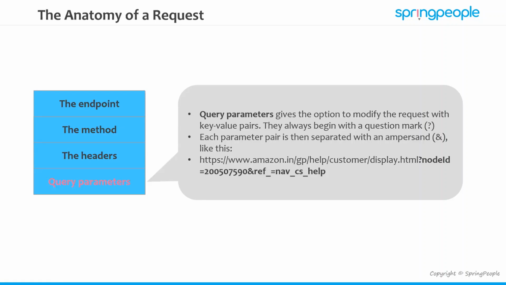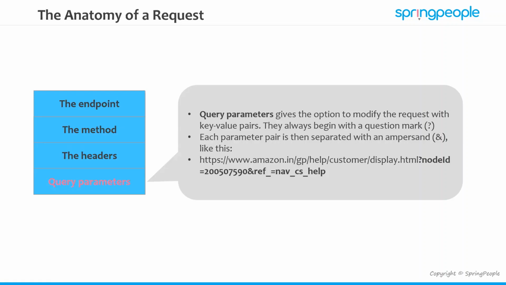Query parameters give the option to modify the request with key value pairs. They begin with a question mark. They also help the server send data by filtering.